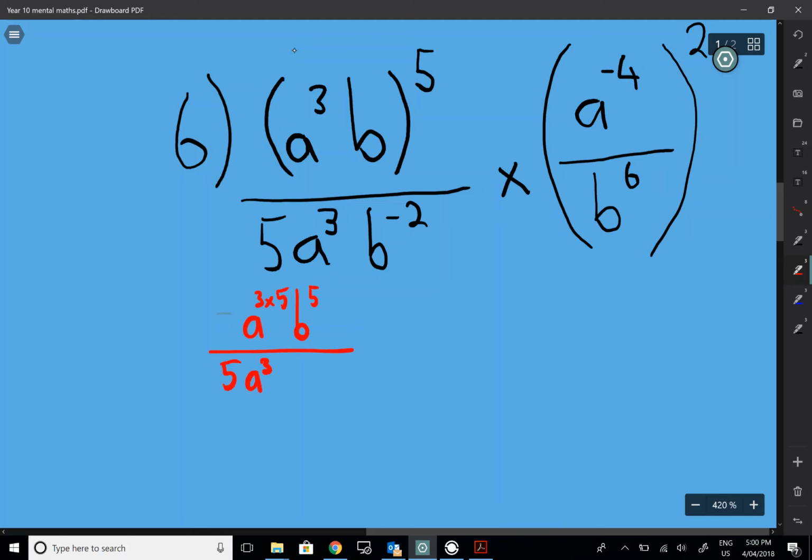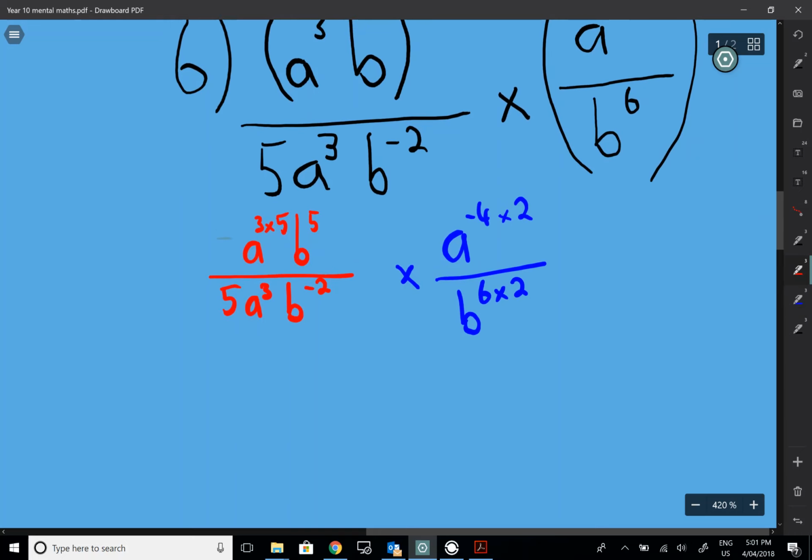5a cubed b to the negative 2. Then I am timesing that by this 2, it affects everything. So a to the negative 4 times 2 over b to the 6 times 2. I then can start to simplify this.